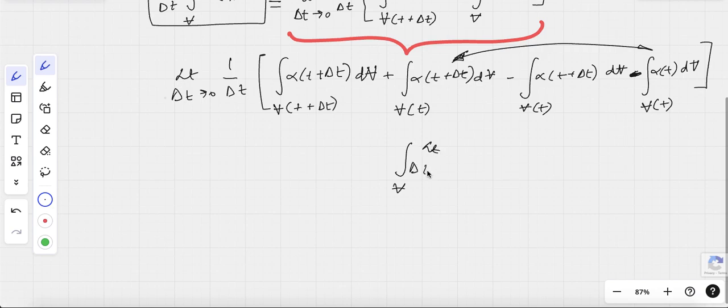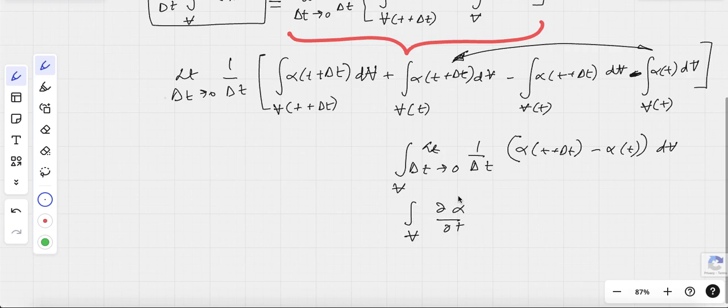Limit delta t tends to 0, 1 upon delta t, alpha(t plus delta t) minus alpha(t) dV. This is this part. This is the temporal derivative, right? d alpha by dt dV. This is one part.